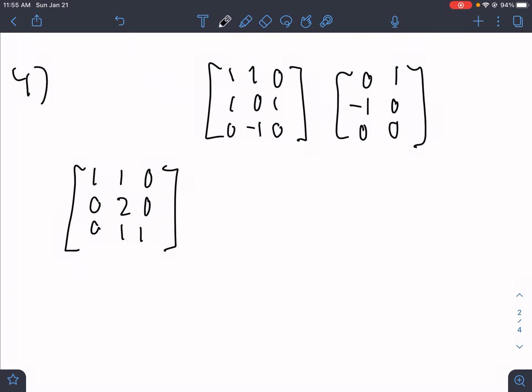And this will give us 2. This is 1, and this is 1. This is going to give 2, 0, 2, and 0, negative 1, 0. No, this is 1.